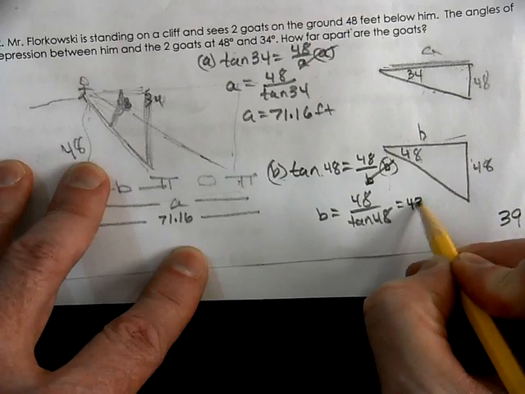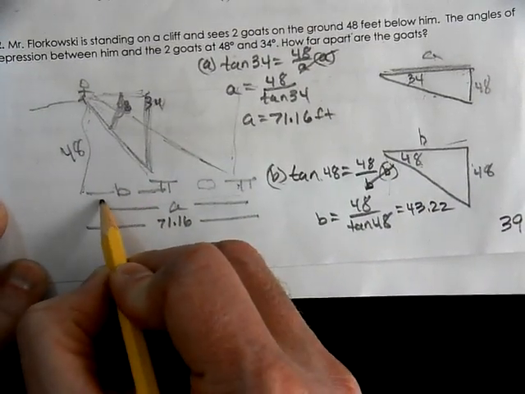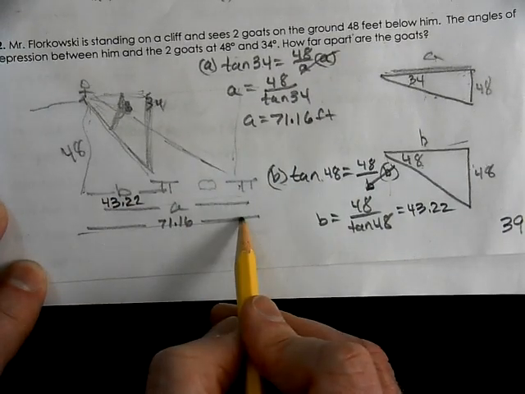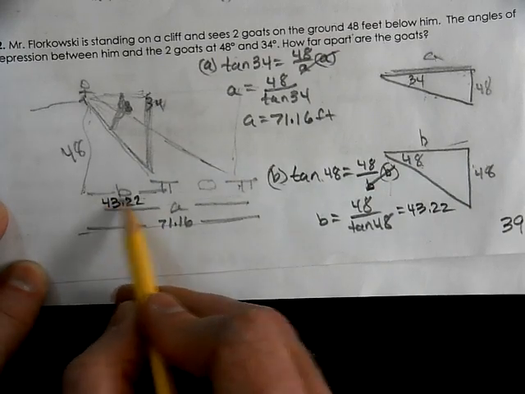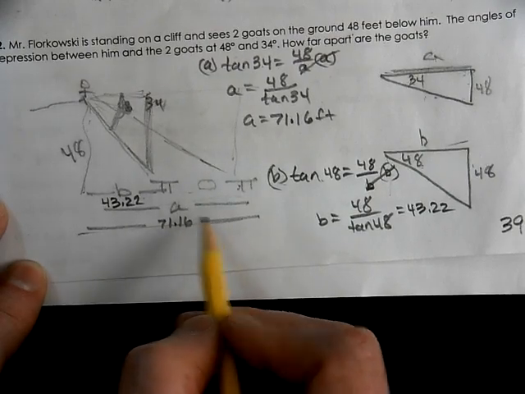So B is 43.22. So this distance is 43.22. So we have the total distance, small part plus small part equals the big part. Another way to think about it.